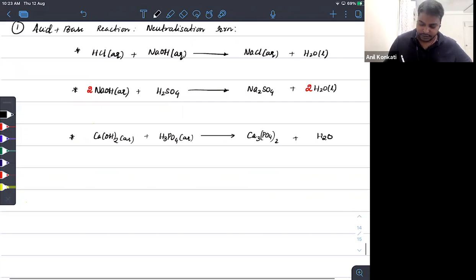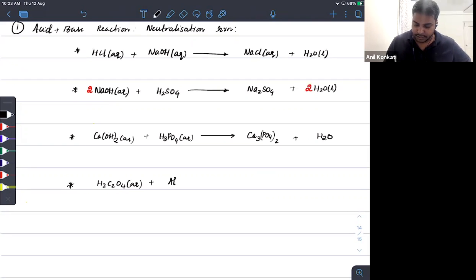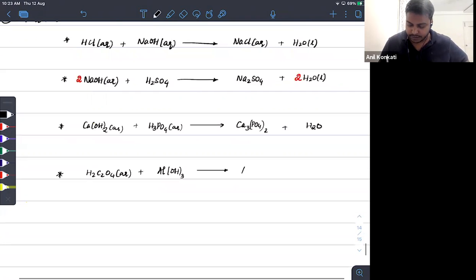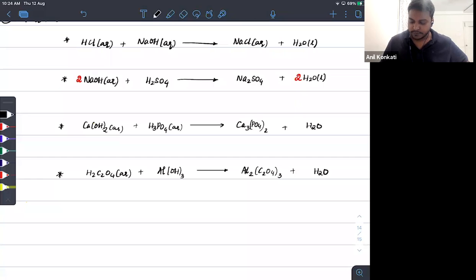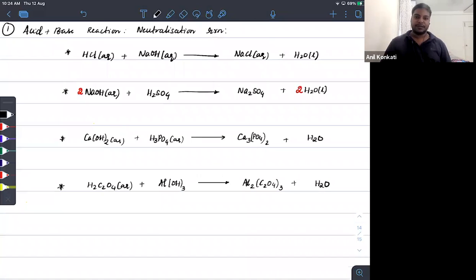Balance that, everyone. Similarly, if you have H2C2O4 aqueous plus Al(OH)3, and on balancing this, I'm getting Al2(C2O4)3 plus H2O. So what will be the balanced equation? Do that, everyone.